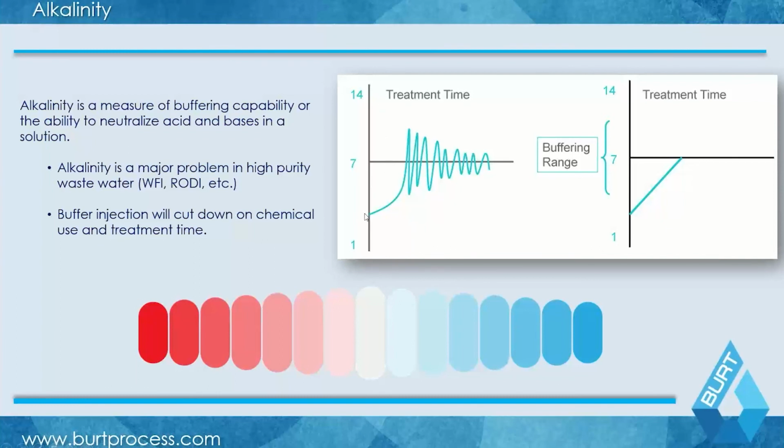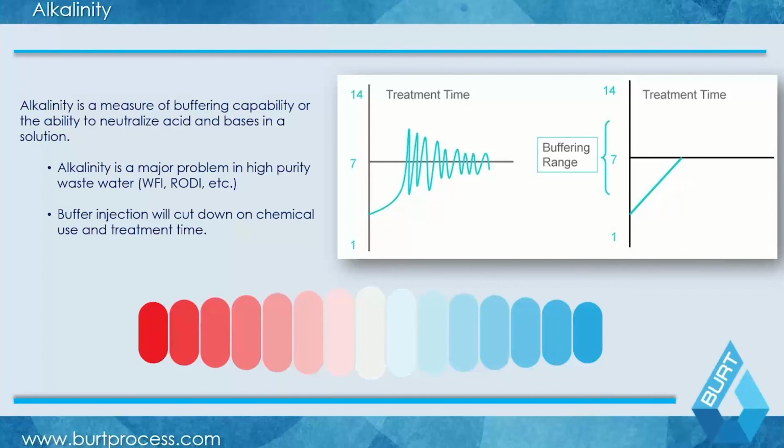Here you can see, looking over time, if you have a lot of high purity water in your system, as you begin your chemical treatment, it's going to overreact. It's going to do it again and again and again, essentially drawing out your treatment process considerably longer and using more chemistry than it should. What you really want to see is what you have here on the right, where you have a nice linear curve of pH treatment that's proportional to your reagent injection.